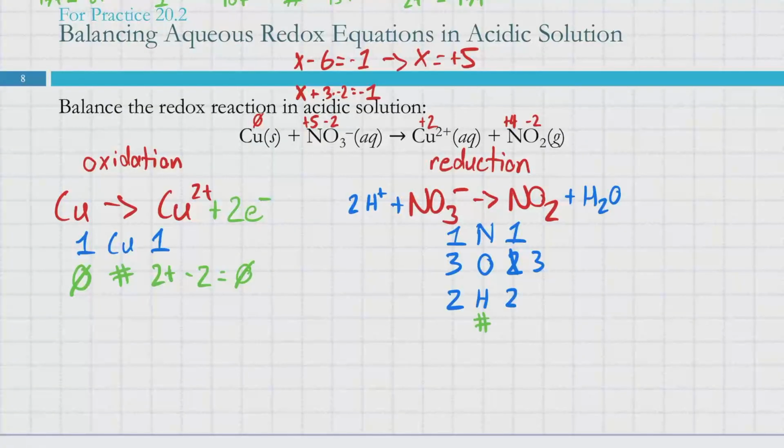For our other half reaction, the right side is also 0. Nitrogen dioxide and water both have 0 charge. On the left side, we've got nitrate, which has a 1 minus, plus 2 H pluses. So we've got an overall 1 plus. To balance that out, we're going to add 1 electron.